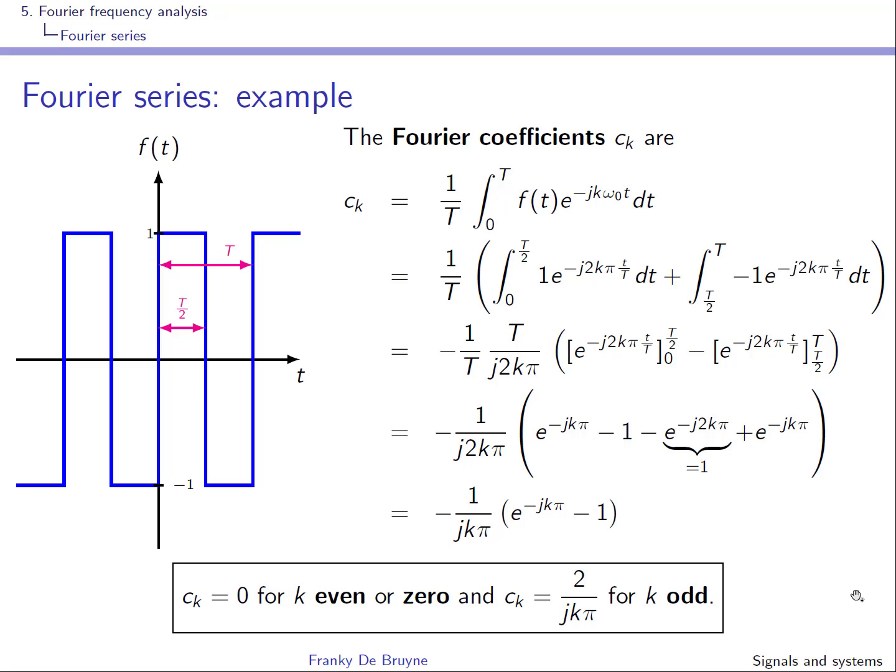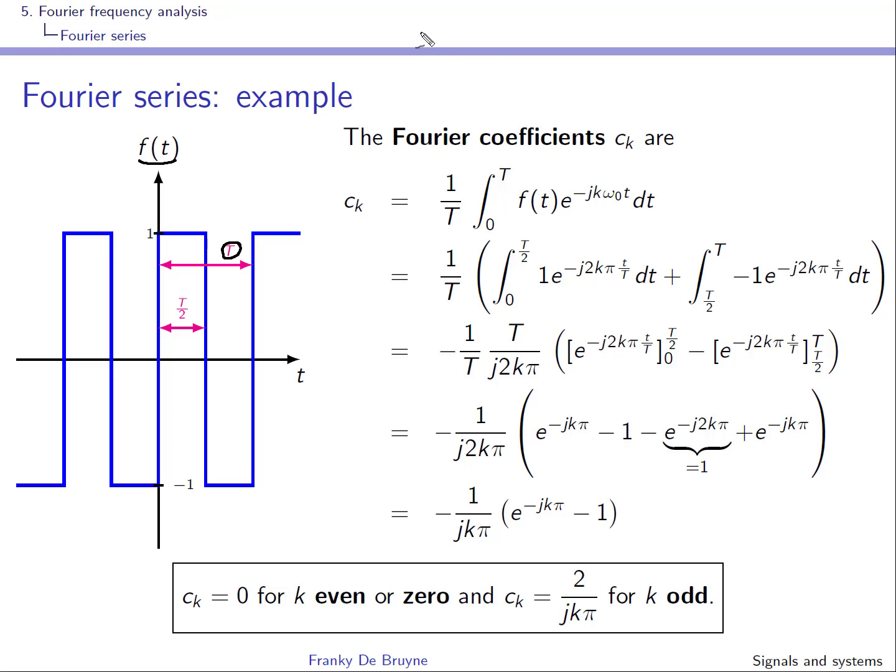So let's apply this to a periodic function of period T, and this function is 1 over half a period and minus 1 over the rest of the period. So we need now to compute the Fourier coefficients.